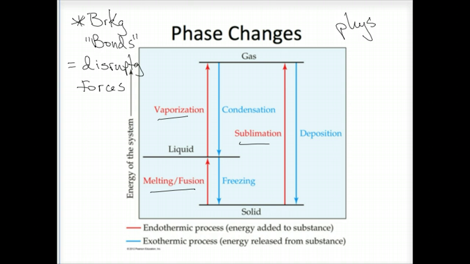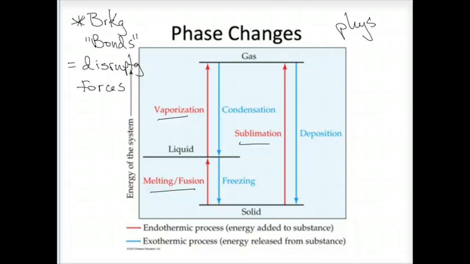Recognize that what we're breaking, that force we're disrupting, is an intermolecular force, not intramolecular bonds. So a phase change is a direct presentation of the amount of intermolecular forces having to be overcome, because the more energy required, the more the intermolecular forces you're having to overcome.